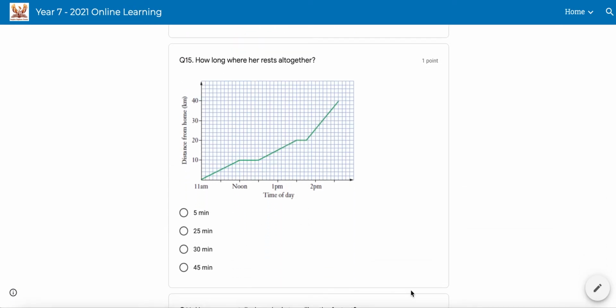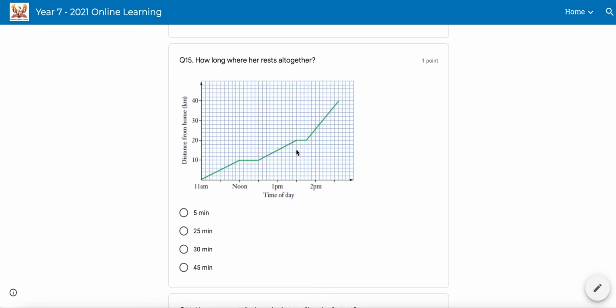All right, how long were her rests altogether? So we said that her first rest over here, this first break, was 30 minutes long. But we've got another break over here, so we need to work out how long this break was. So we're going to be looking at the time of the day, and we're going to try and work out how many minutes passed. So when did this break start?